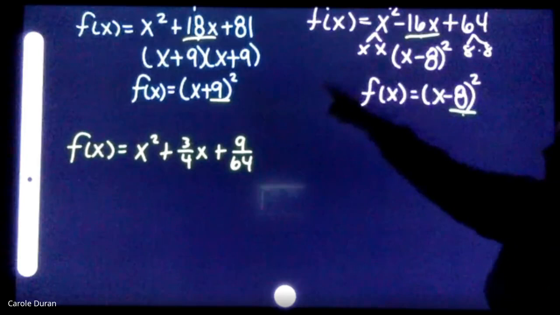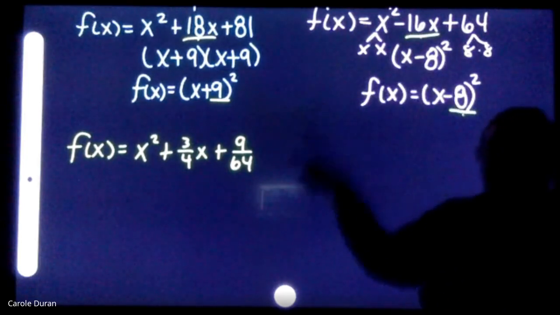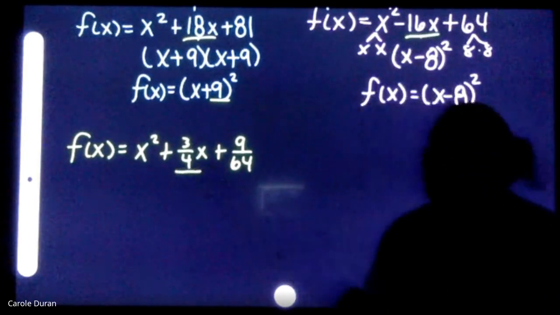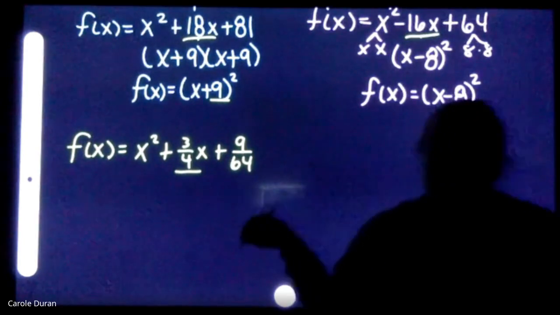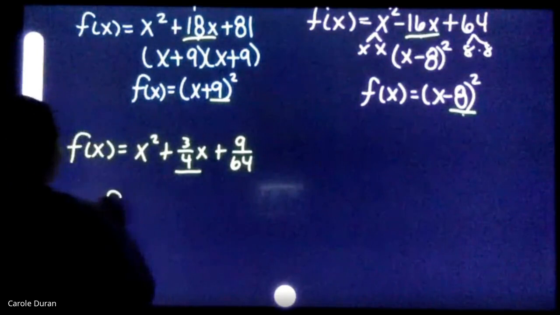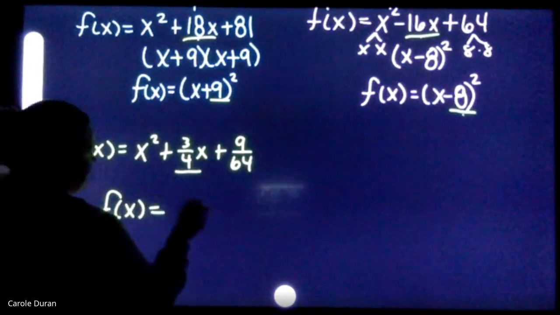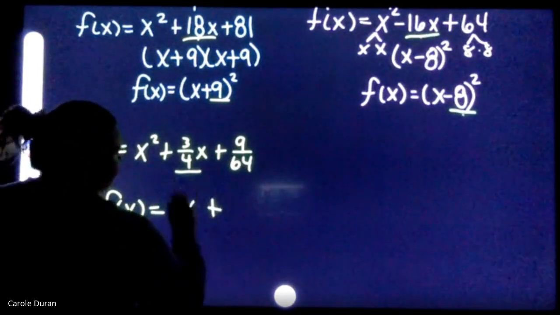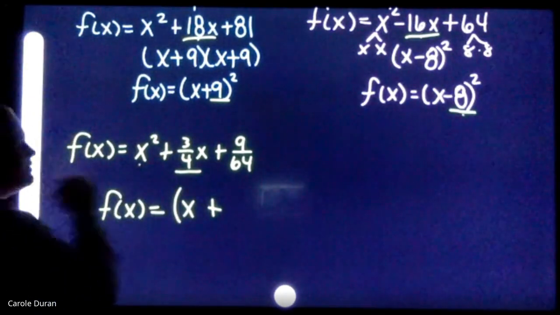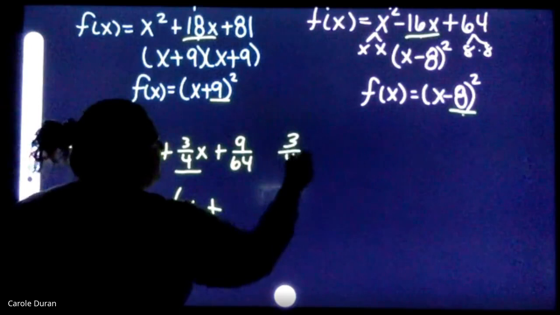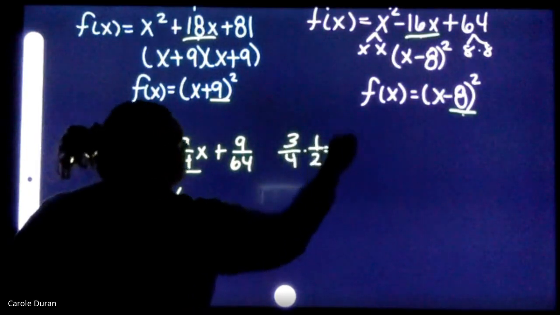So if it's a perfect square trinomial, it's always going to factor into whatever half of my middle term is. Because with fractions, we don't actually want to have to do the work if we don't have to. So I know, since this is a perfect square trinomial, it's going to factor into x plus whatever half of that middle term is. Since it's a fraction, we can just multiply it by 1/2.